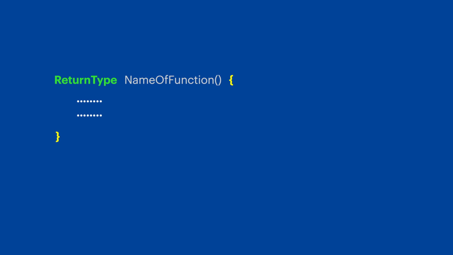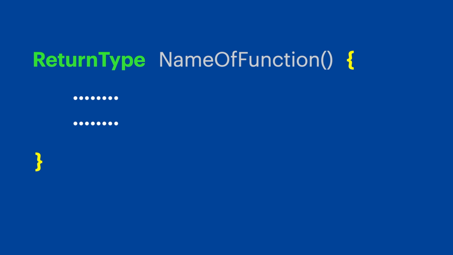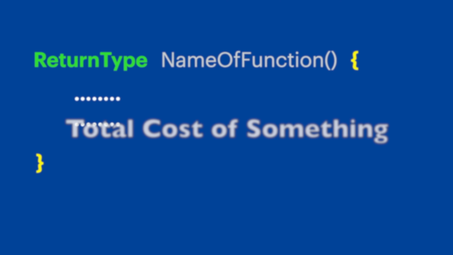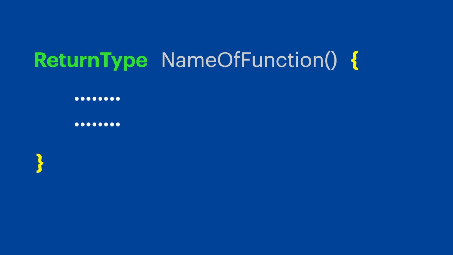We have to begin by giving the return type of the function. This means we are asking the function to perform some tasks and return a specific type of data. Sometimes functions return a numeric value like area or speed, or the total cost, and sometimes we just need a function to perform some task and we do not want it to return anything.